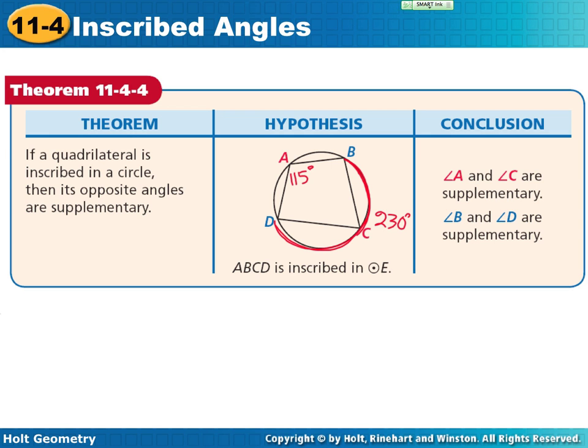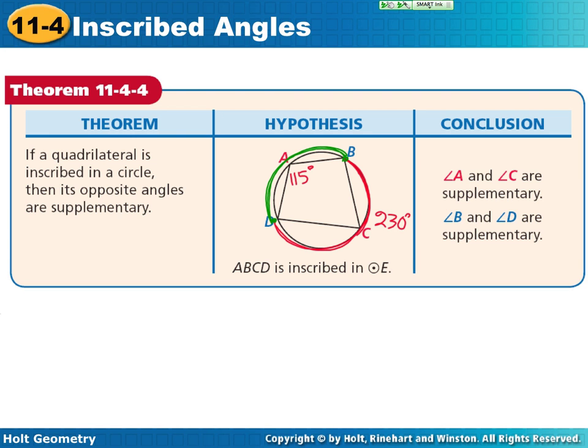Okay, now what is arc DB? 180. Let me see your thinking. What's your thinking? 360 minus 230. The whole circle is 360 degrees. He's subtracting 230 for the red one, so that leaves 130 for the green one.